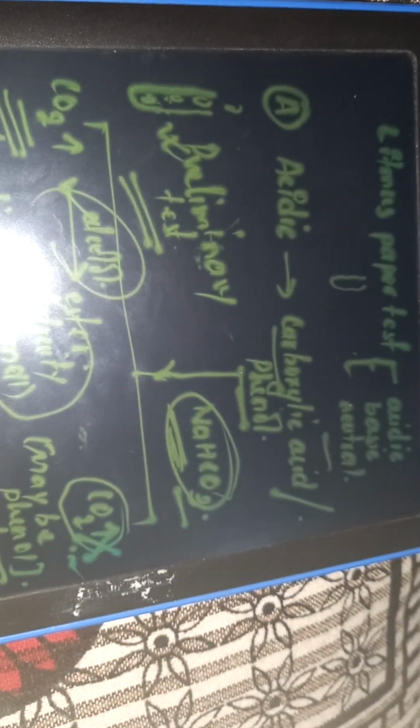Let me revise once again. If you were given a sample in a beaker, first you will do the litmus paper test. If you obtain acidic nature, meaning the blue litmus paper is converted into red, then it is acidic.